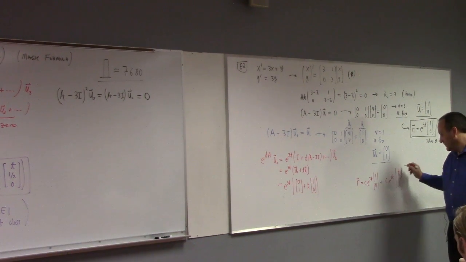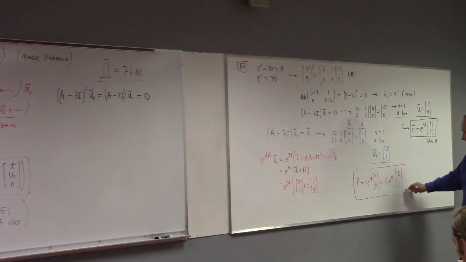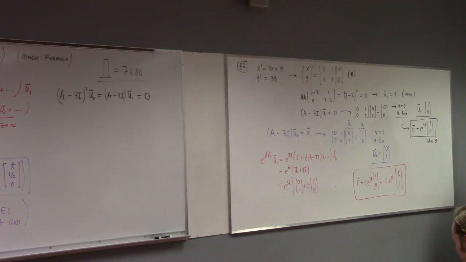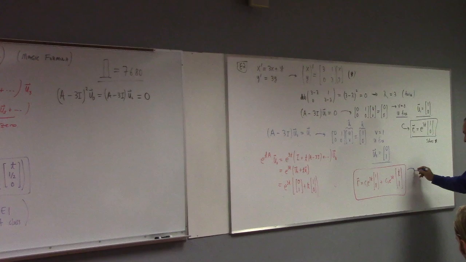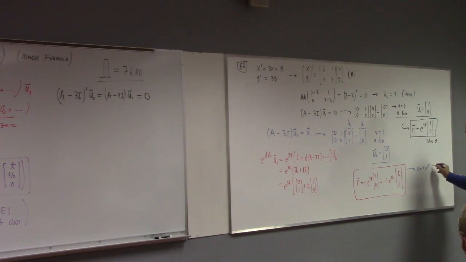So there you go. That, my friends, is the general solution to this system. If you want me to go back to scalar notation, our solution is x equal to c1 e to the 3t plus c2 t e to the 3t, and our y is just c2 e to the 3t.